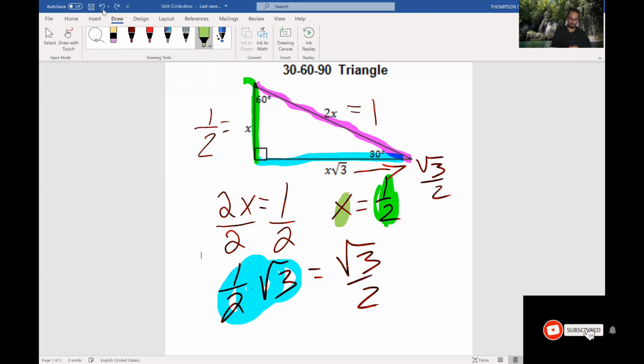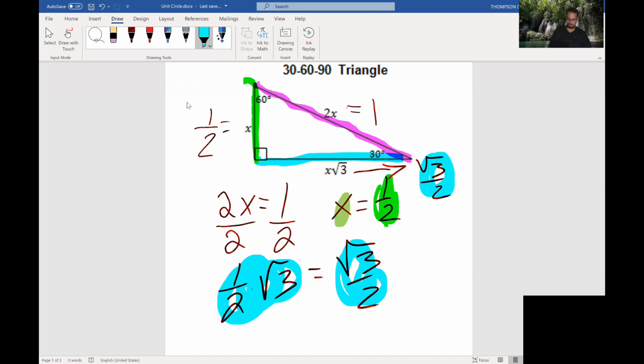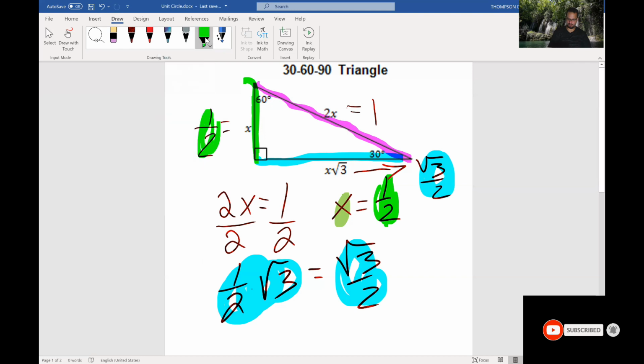Okay, so that covers the side touching the 30, and we covered the side touching the 60. The only thing we have left to do is, we know that the pink side is 1, so we are done solving the 30, 60, 90 triangle.